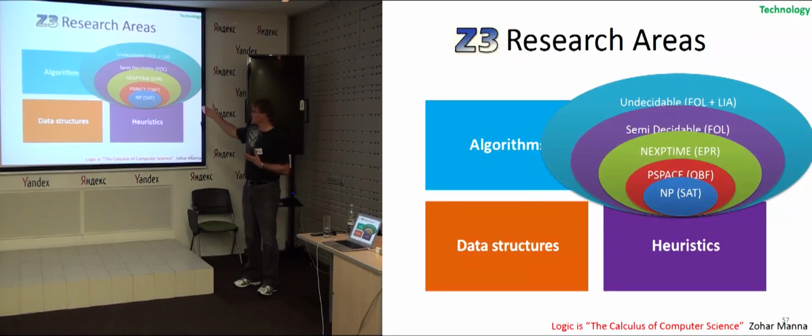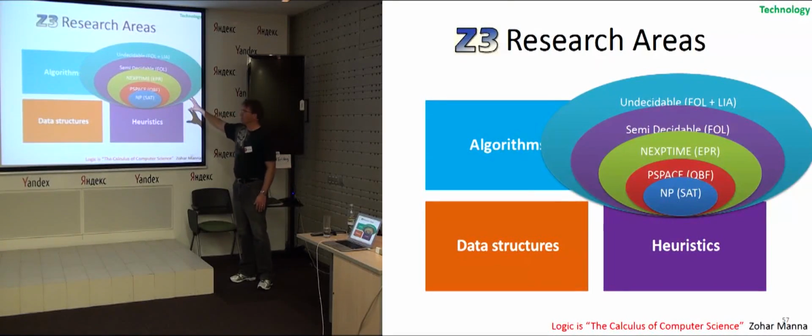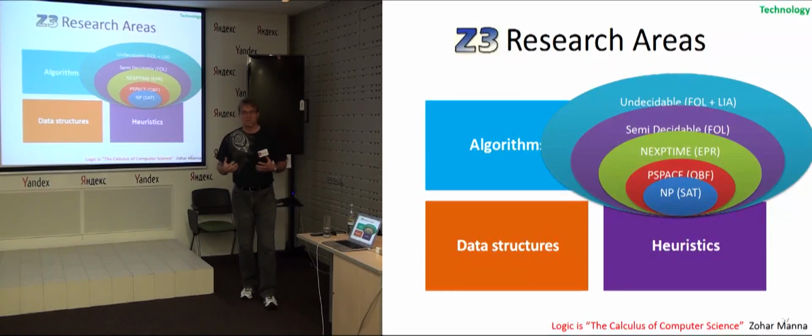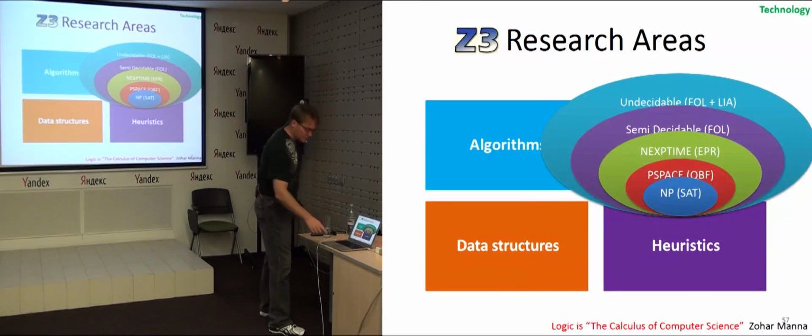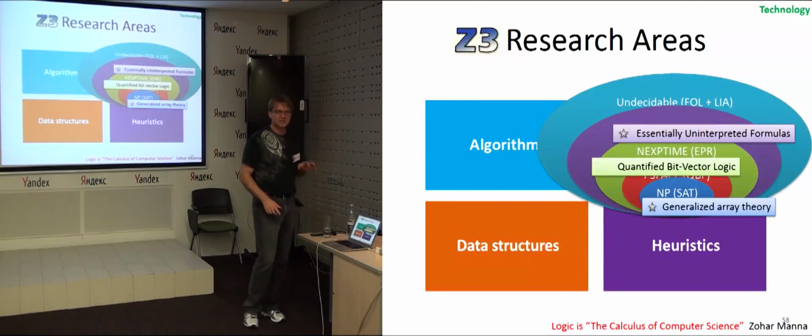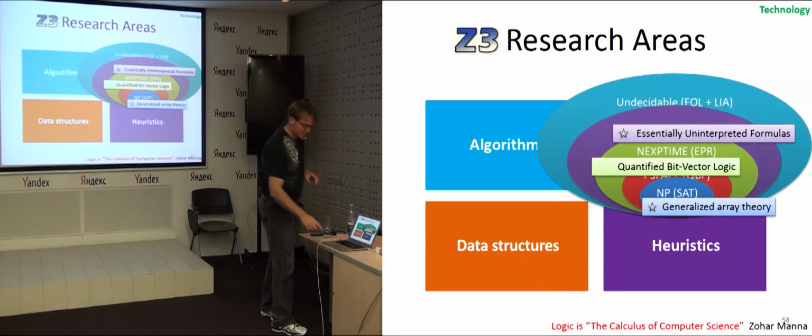Propositional satisfiability is known as the NP-hard class, but there are other classes. First-order logic is semi-decidable, then there are quantified Boolean formulas that are PSPACE-complete. So the decision complexities for the various classes of formulas handled by the theorem prover grow quite significantly. But then we have specialized procedures for each of these classes.